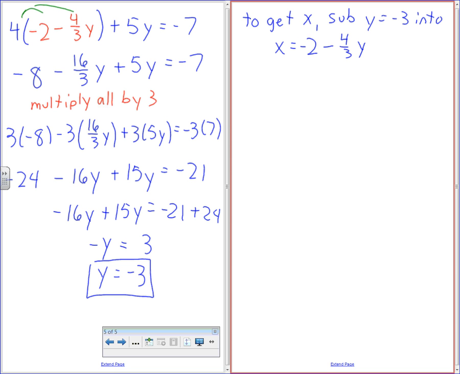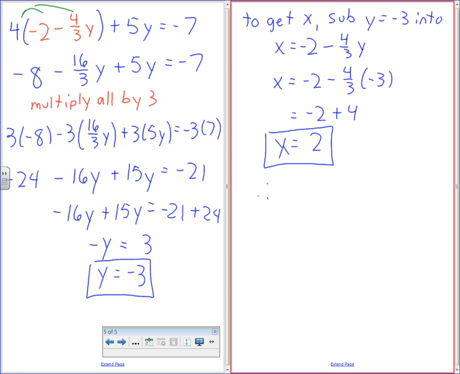So it's going to be x equals negative 2 minus 4/3 times negative 3, which changes to negative 2 plus 4. So x equals 2. Is that right? So we get a matching answer. Therefore, the POI is 2.